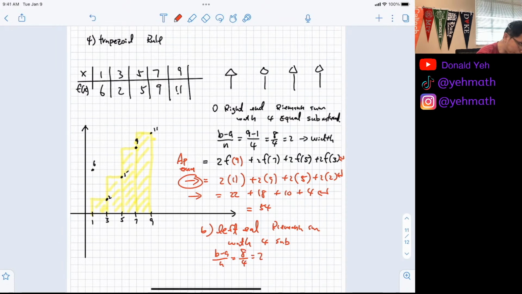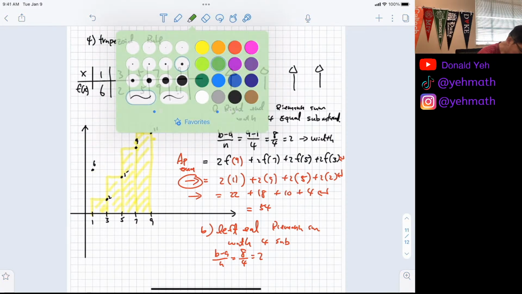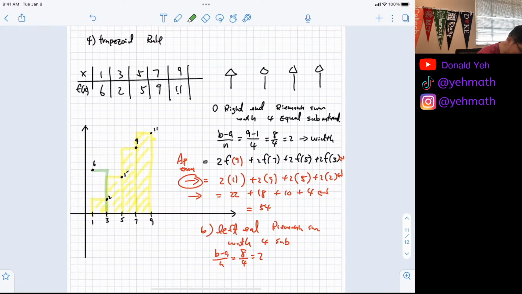Now I'm going to draw it right here. I may use a different color so that you can see it. This is the right. Do you see the right now? It's a little bit of an underapproximation.